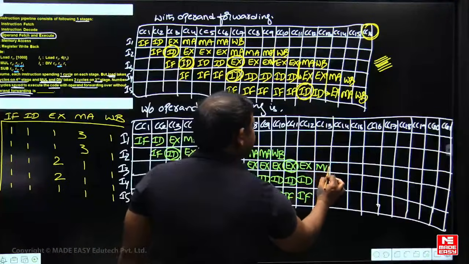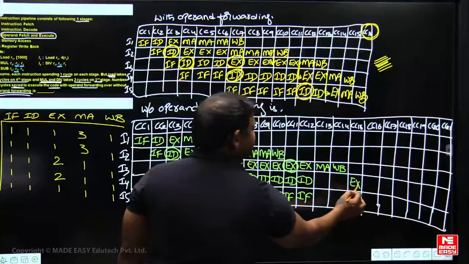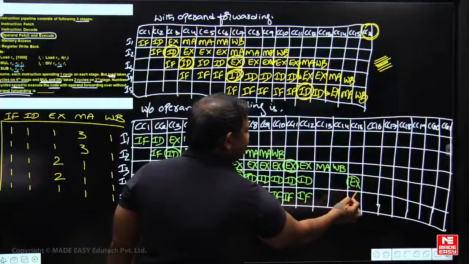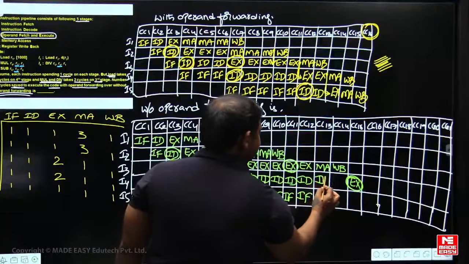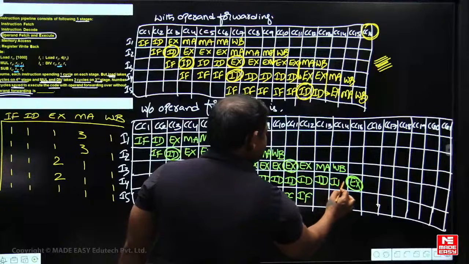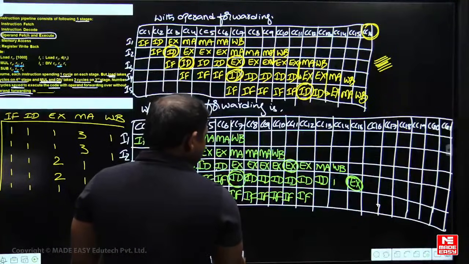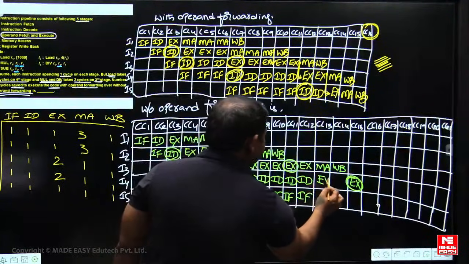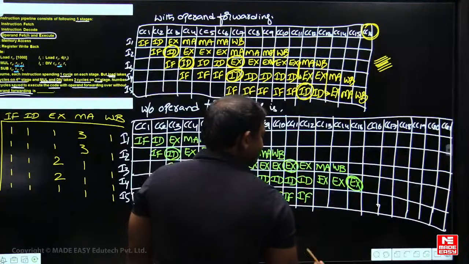So complete this first. After completing, run the execution immediately. Operand fetch takes place in EX. That's why after WB, EX started immediately. Now it is still in EX because it fetches the first operand and waits for the second operand. Got the point?